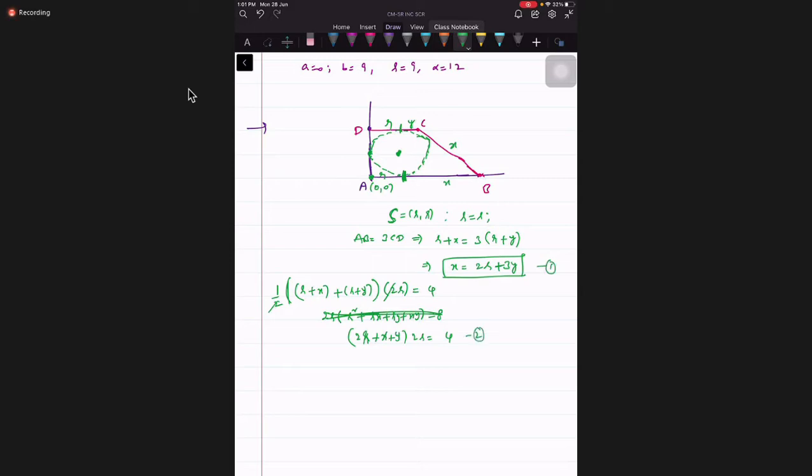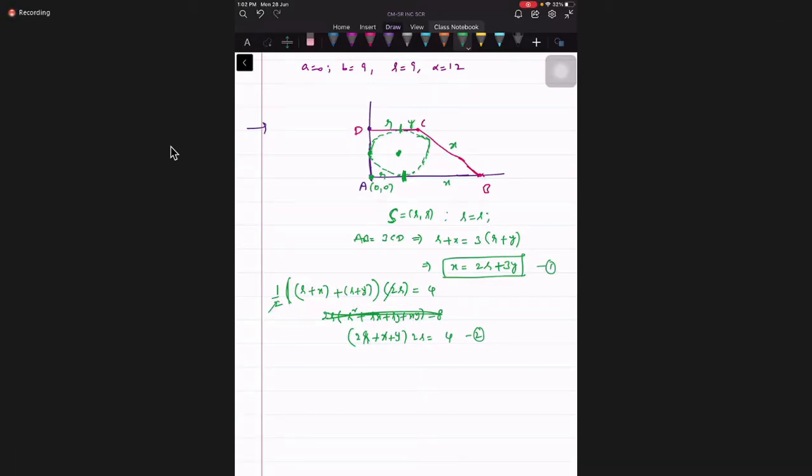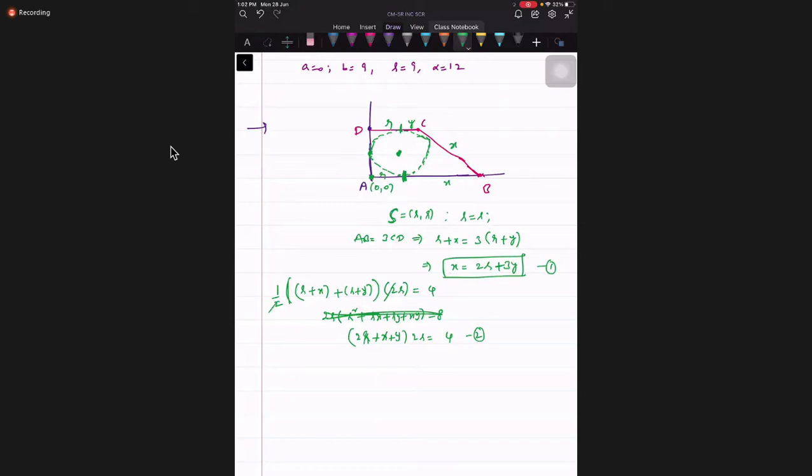Using 1 and 2, or if I use X in the place of this, in terms of X and Y, what is 2R here? 2R is X minus 3Y.